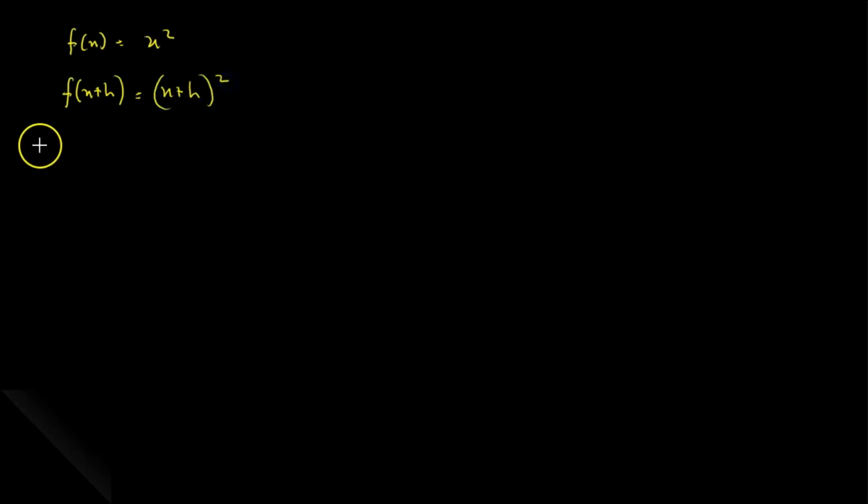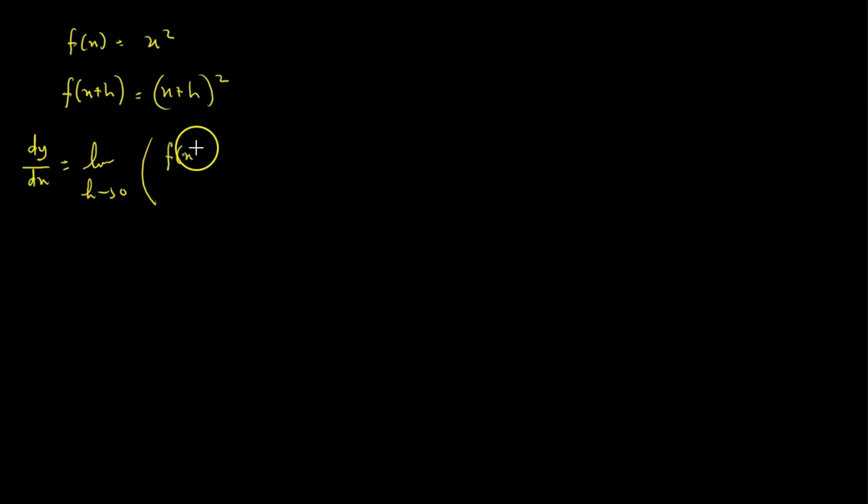Then from first principle, we learned that it is given as dy dx is equal to limit as the small change in x approaches 0 for the function f of x plus h minus f of x, all divided by h.